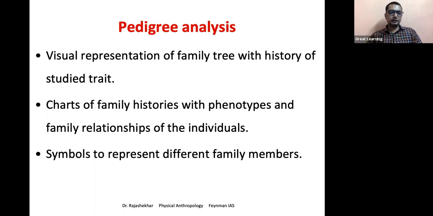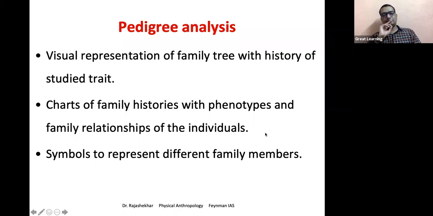So like that, history with the phenotypes and family relationship. You write mother and father, children, their parents. Like that, you connect the family trees with respect to their relationship, and you create a chart which is called a pedigree. And of course, if you want to create something like that, there must be some standard rules for this. So they use symbols to represent different family members.